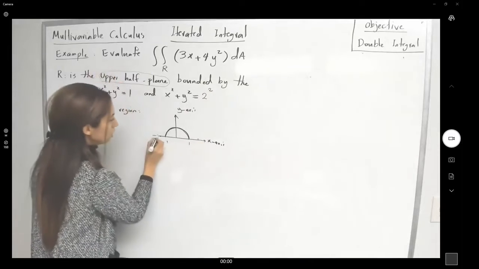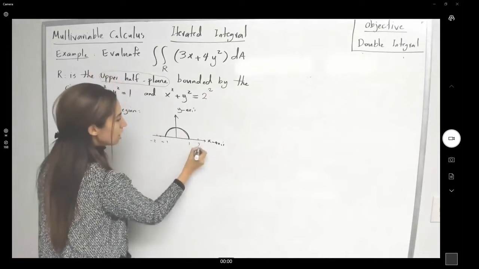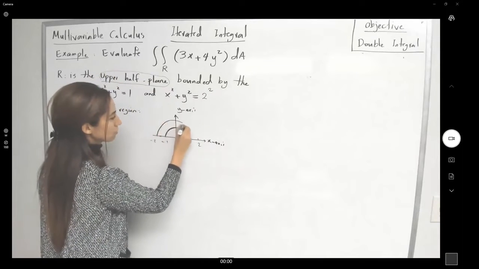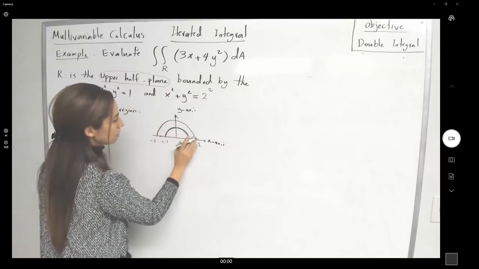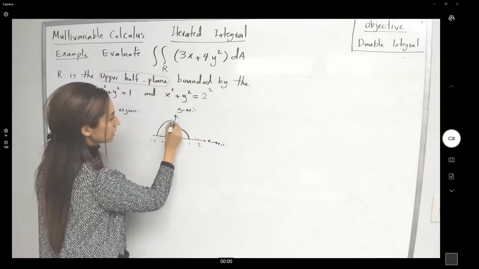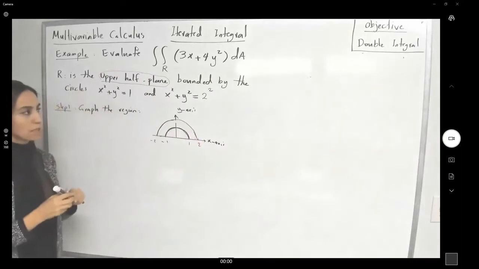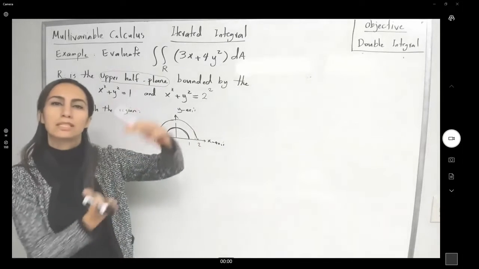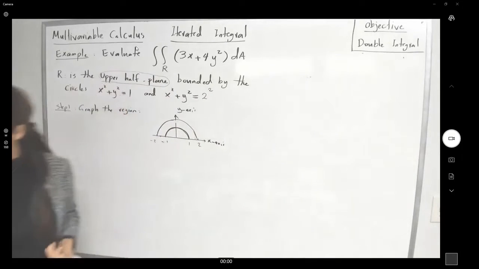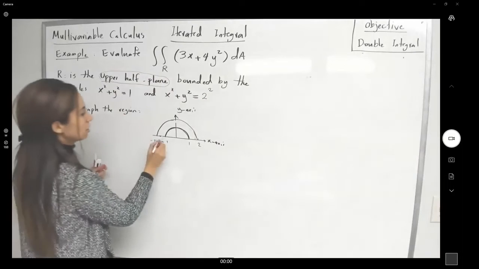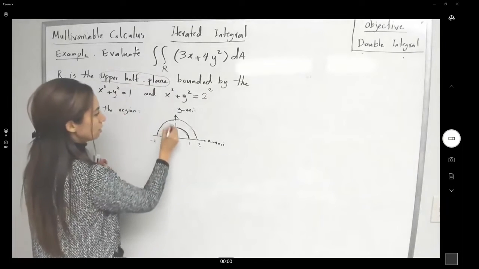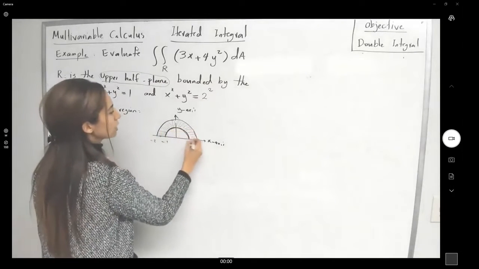Minus 2 and 2. Not a nice one, but let me fix that. There we go. So it says bounded between these two. It's like a washer. So this is the area that you are looking at.